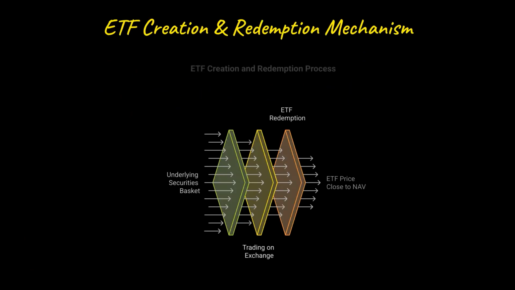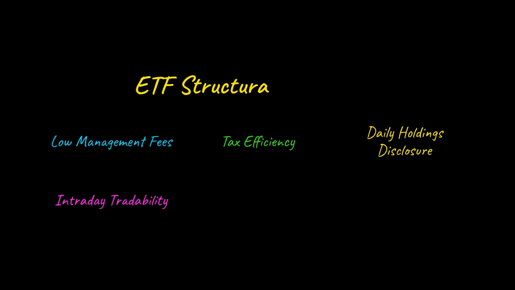The price of an ETF stays close to its underlying portfolio value through a creation and redemption process. Authorized participants, large institutional market makers, can swap the underlying basket of securities for ETF shares, or vice versa. This arbitrage mechanism prevents the ETF's market price from drifting far from its net asset value.